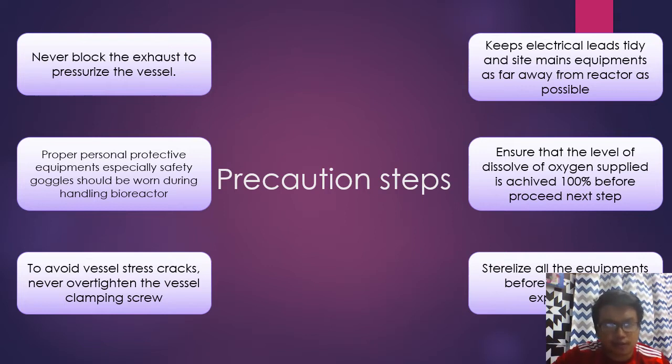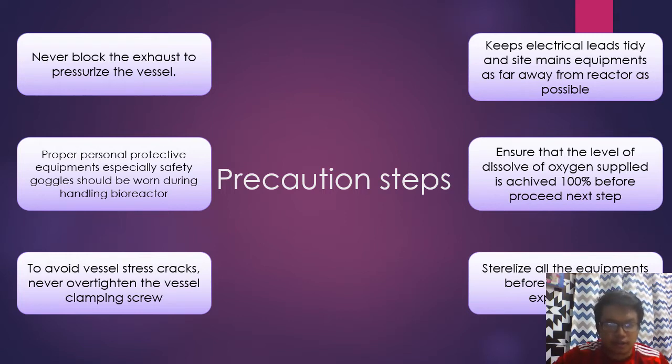Next, keep electrical mains equipment as far away from the reactor as possible, because we don't want any unnecessary situation to happen. Next is proper personal protective equipment, especially safety goggles, which should be worn when handling the reactor.